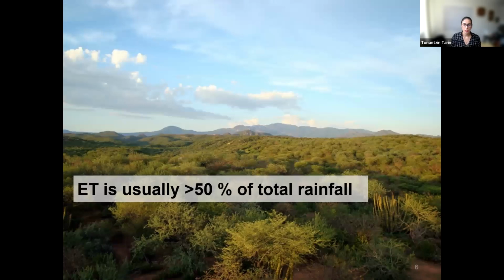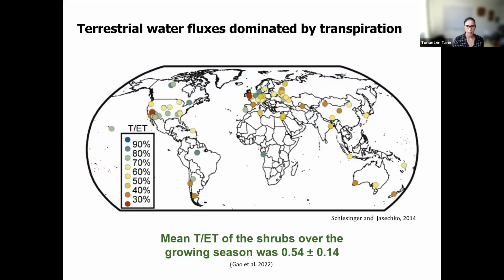During the wet season, in previous studies, we have found that evapotranspiration represents more than 50% of the total rainfall in a shrubland like this one in the photo. However, this flux, ET, can account for 80 to 100% of the annual precipitation in many semi-arid regions.